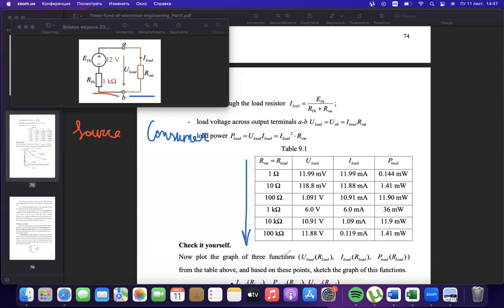Increasing the resistivity, we are increasing the total resistivity of this whole circuit, because the total resistivity equals the sum of them, including the resistance of the Thevenin source. The serial connection is called Thevenin.